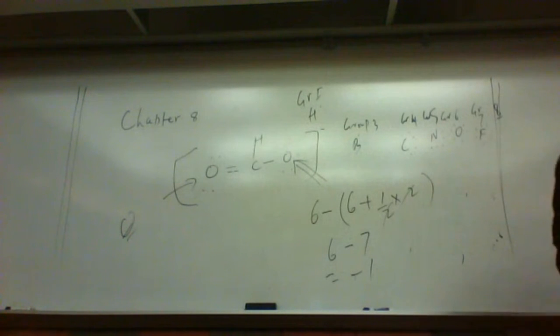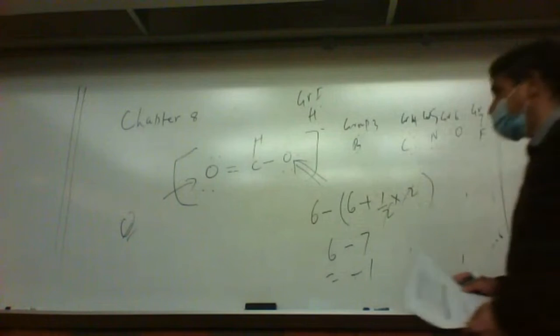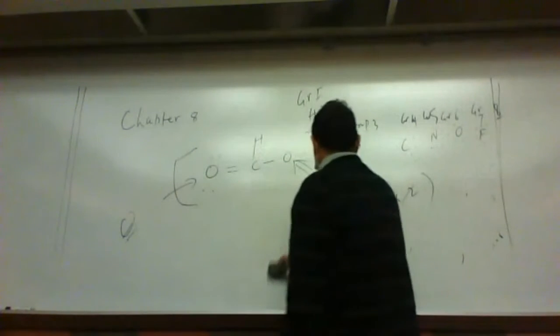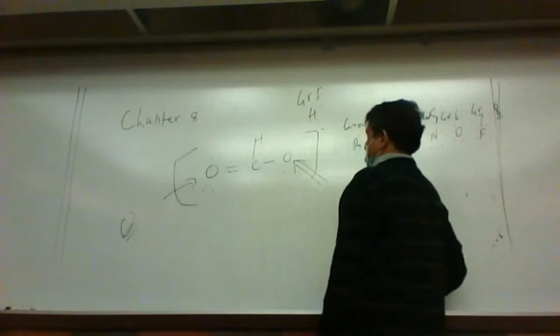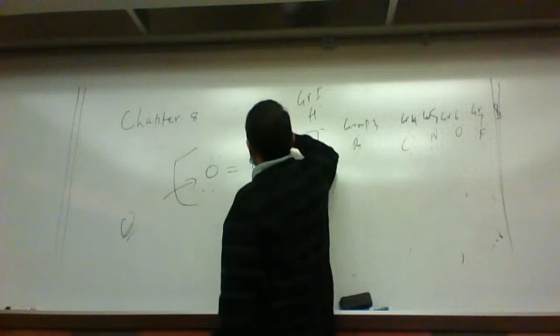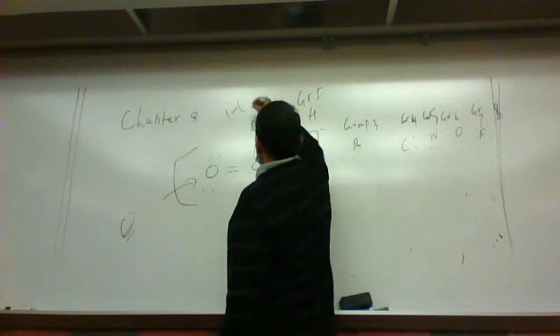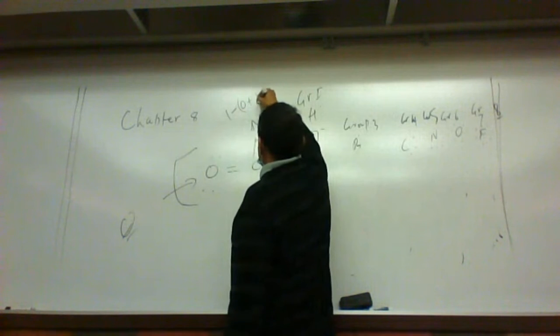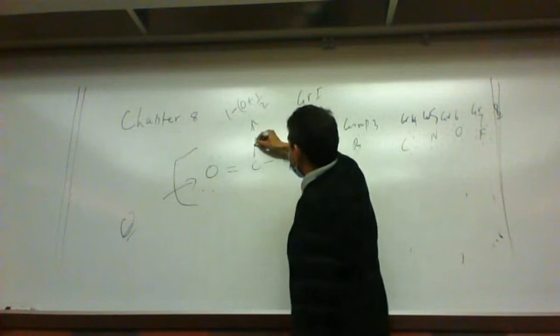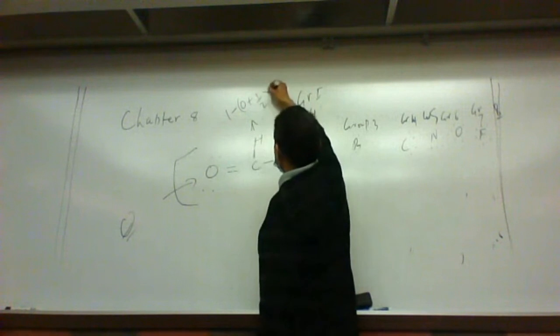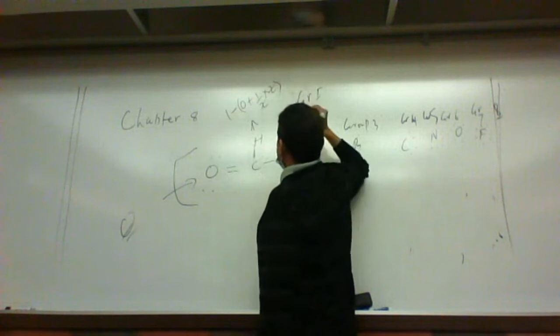Make sense? So if you want to do hydrogen, you can do it easily. Hydrogen is number 1. So 1 minus, there is no lone pair, there is no dot around hydrogen. 0 plus half, there are 2 bond pair here. This is 1 bond, which means 2 electrons in the bond.